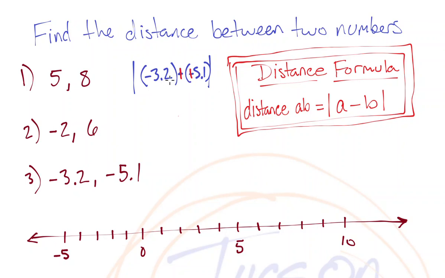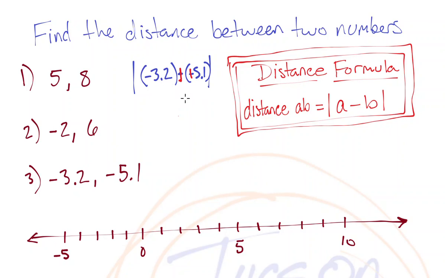Minus negative becomes a plus, so it's -3.2 plus 5.1. But this time the signs are different. It's plus positive 5.1, right? Plus is plus because we were subtracting a negative, and so it becomes a plus. So it's -3.2 plus 5.1.